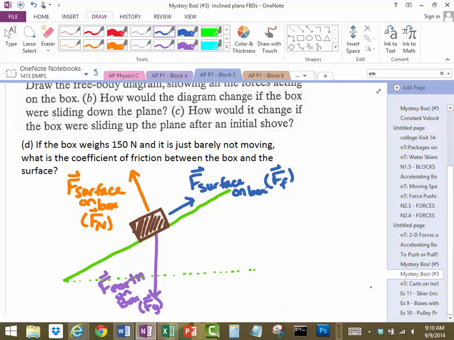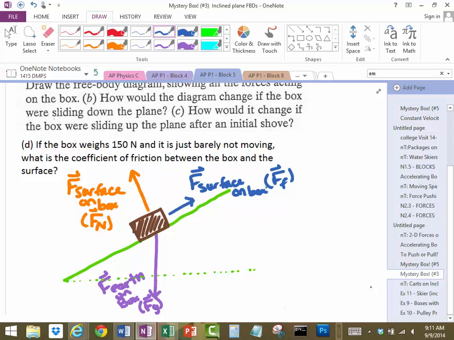What would friction cause? Because there is an initial shock.